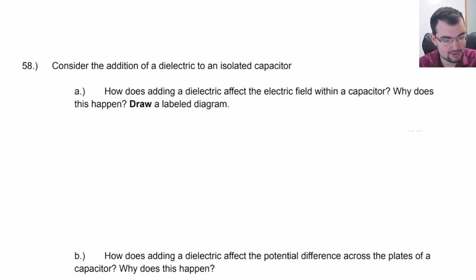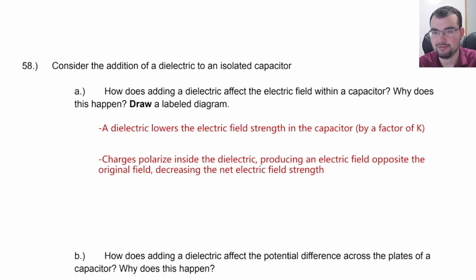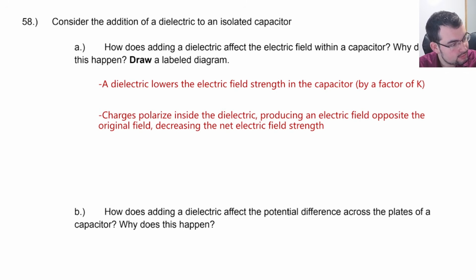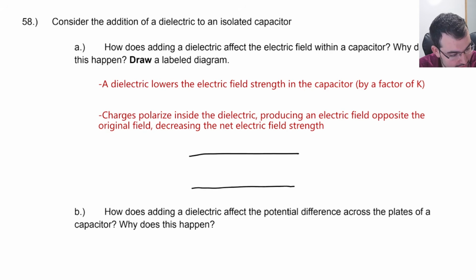So what happens if we add a dielectric? Well, a dielectric, by definition, polarizes in the E field, which is going to lower the E field strength. Because what eventually happens is if we imagine drawing a little dielectric here, we have a capacitor, we insert this dielectric material, and you have these molecules in here where, let's say that my original electric field might point something like this.